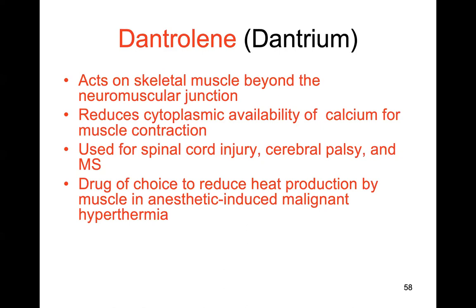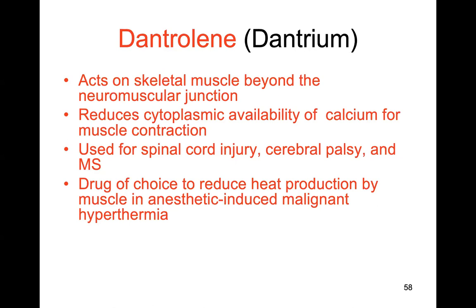Remember that the calcium from the cytoplasm is used to form the actin-myosin filaments. So by interfering with intracellular calcium, it's going to decrease the ability of the muscle to contract. We see this used for more serious conditions: spinal cord injuries, cerebral palsy, multiple sclerosis.